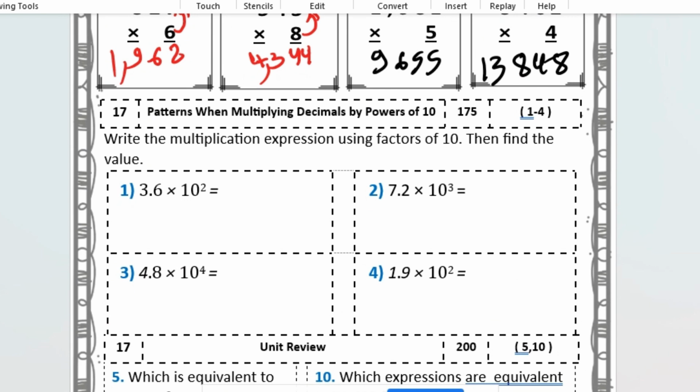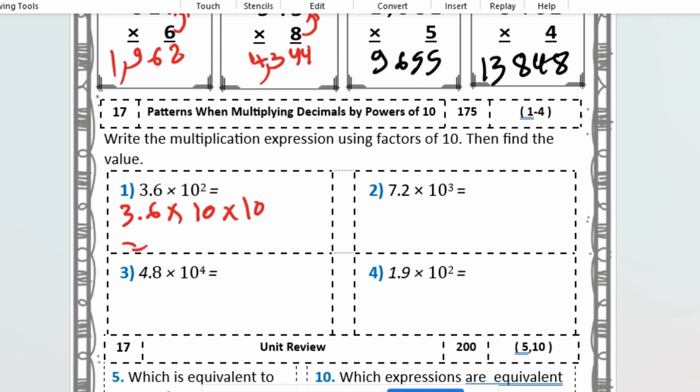Now, write the multiplication expression using factors of 10, then find the value. So we multiply by 10. Using factors of 10, then we find the value. So this should be 33.6 times 10 times 10.